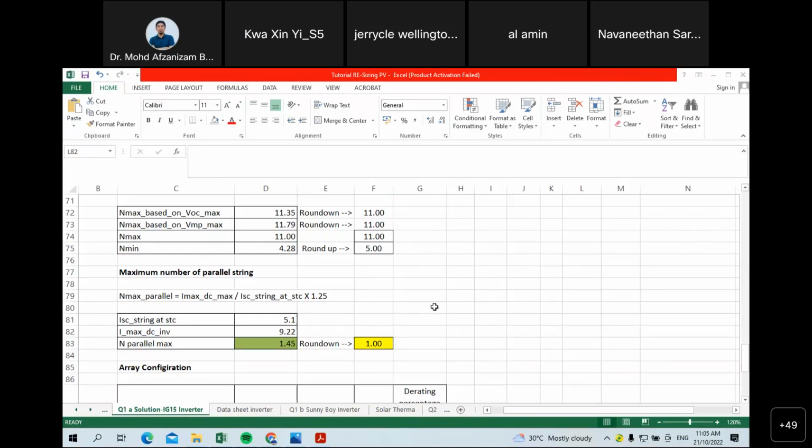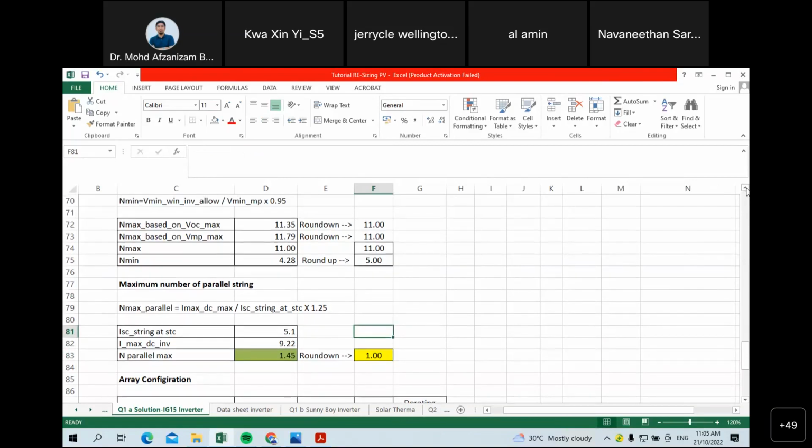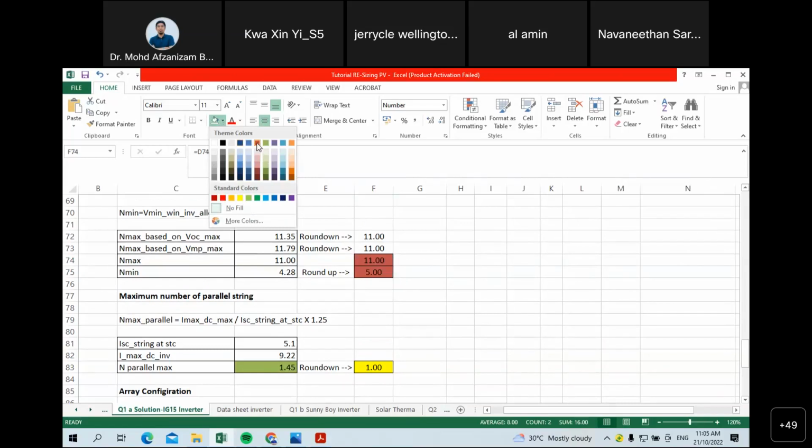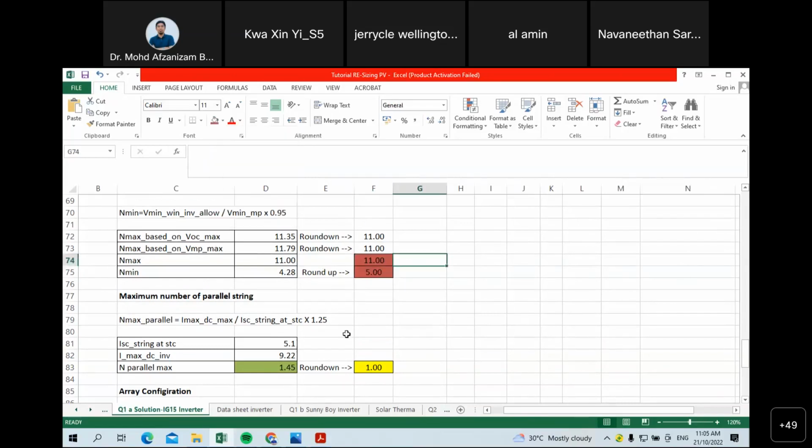And then we know the parallel is 1. The maximum string that we can obtain for this arrangement for that particular inverter is from 5 to 11, right? So what is the meaning of this data?